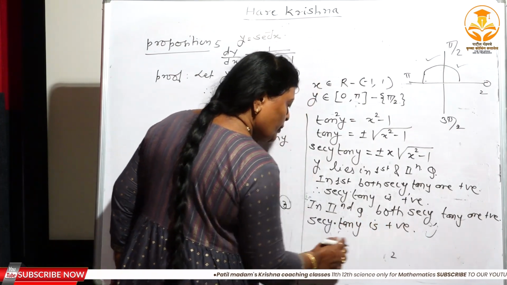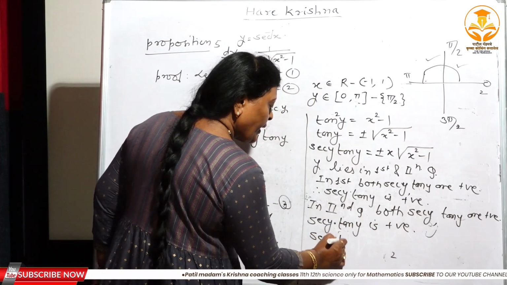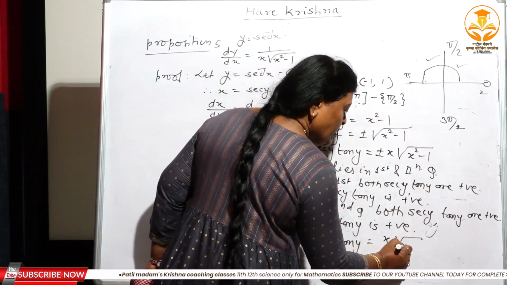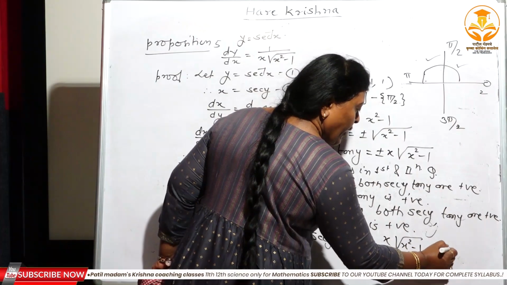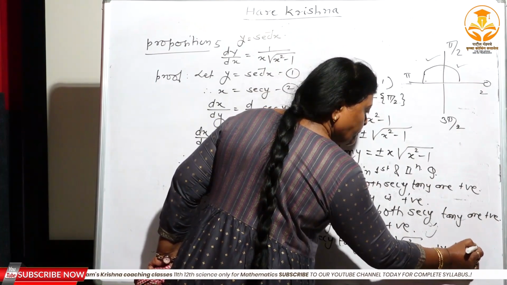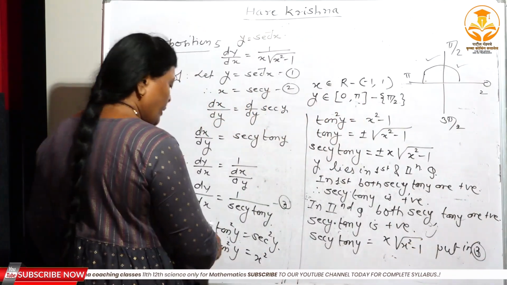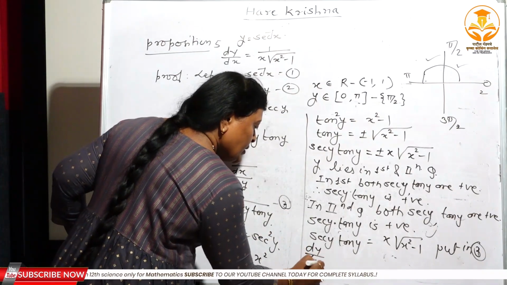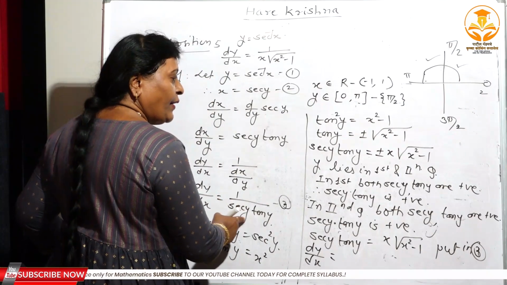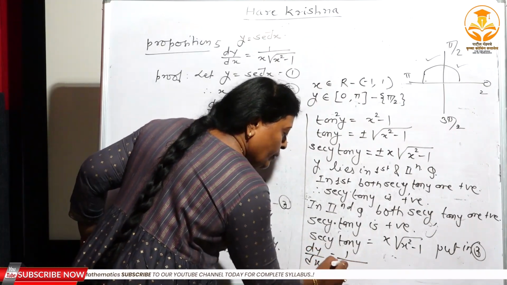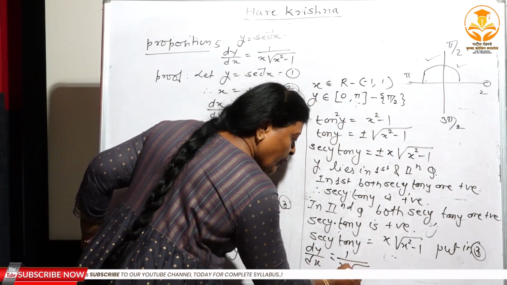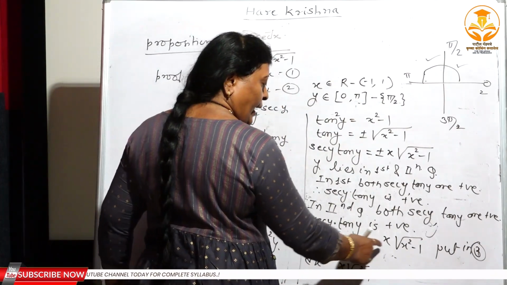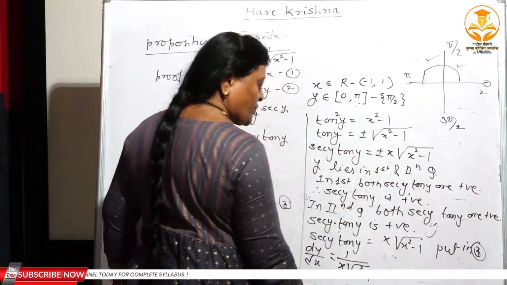Therefore, which value you have to choose? Therefore, sec y into tan y you have to consider as x root of x square minus 1. Now, this value you have to put in the third. Therefore, here you have got dy by dx. It is nothing but what here? 1 upon sec y tan y, which is equal to 1 upon x root of x square minus 1.